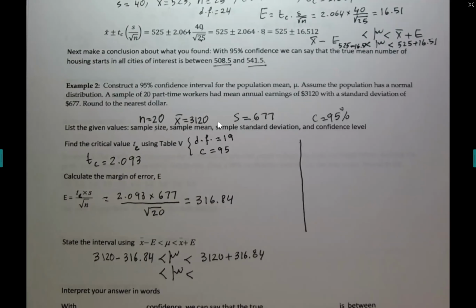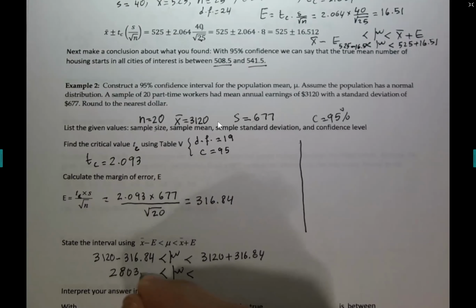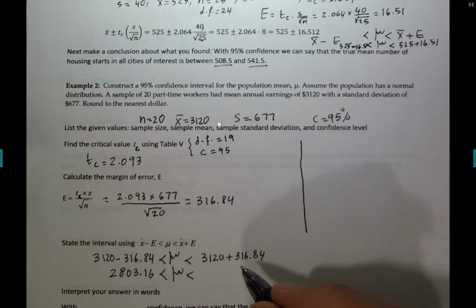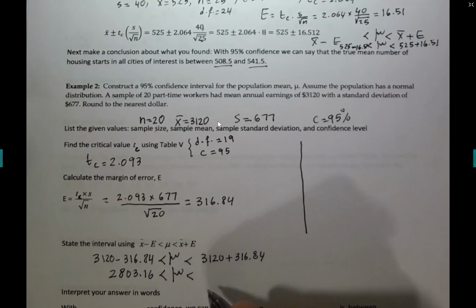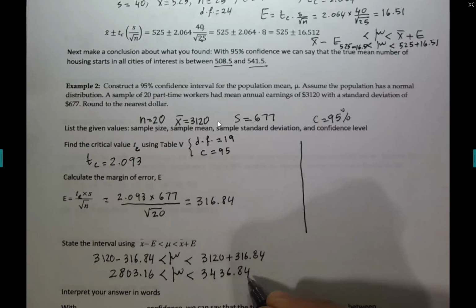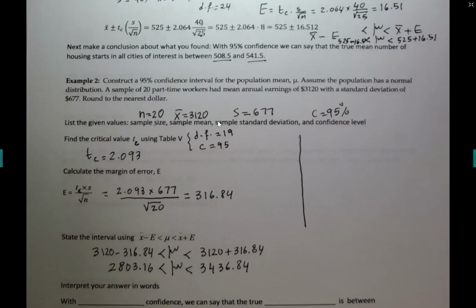I get, guys, 2,803.16. And the other one will be 3,436.84. And interpret your answer in words with.